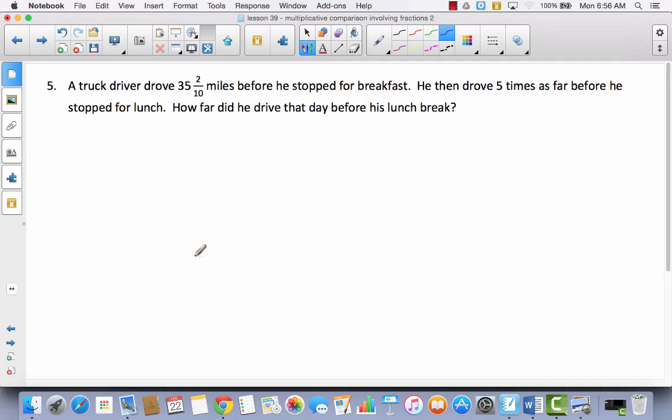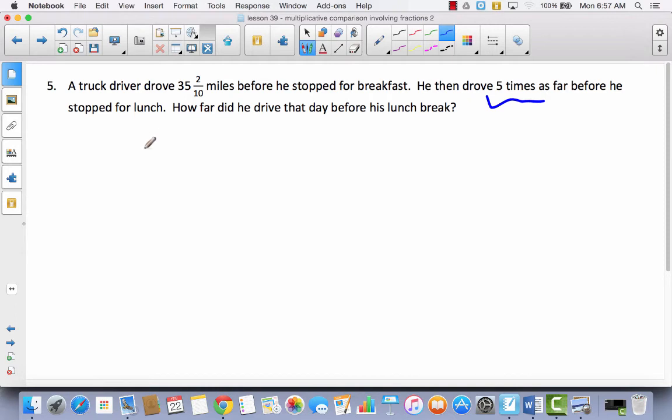All right, a truck driver drove 35 and 2/10 miles before he stopped for breakfast. He then drove 5 times as far before he stopped for lunch. How far did he drive that day before his lunch break? Okay, so I'm hearing some of those comparison words like 5 times as far.